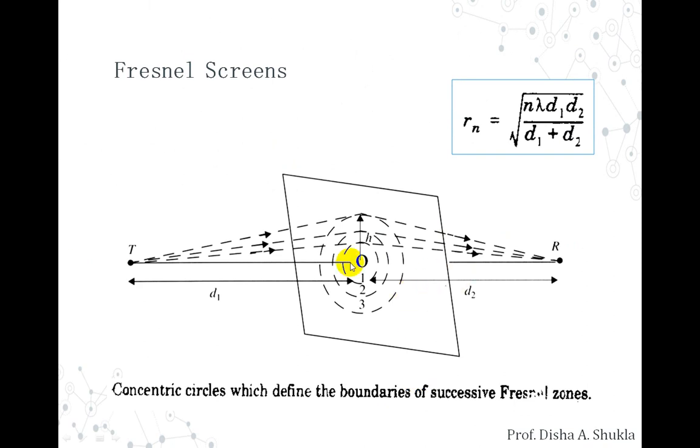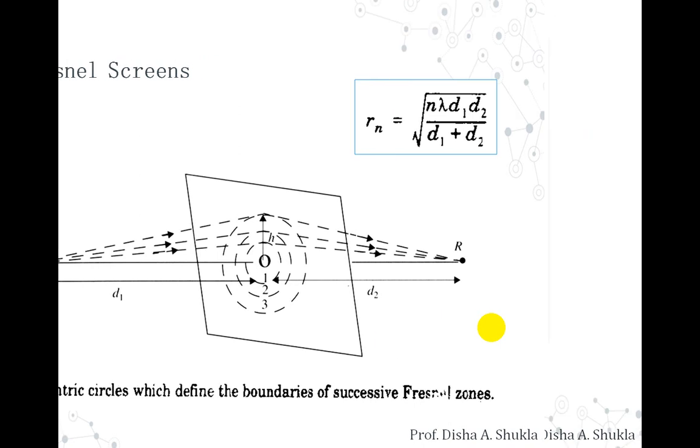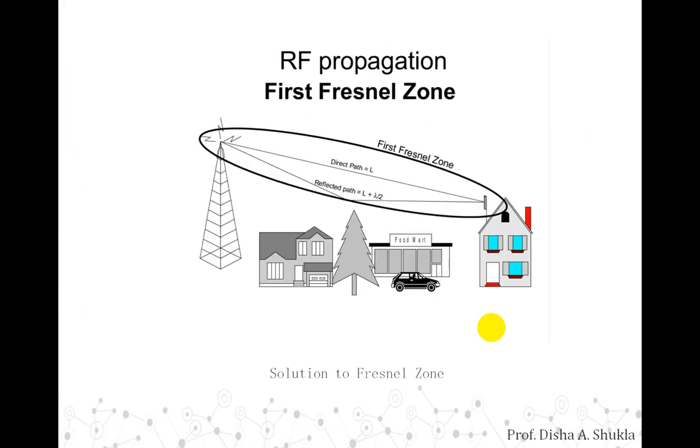Now, as I already said, there are different Fresnel zones, concentric ones, and they form these kinds of concentric boundaries between the two. So the radius can be calculated using the square root of n lambda d1 d2 upon d1 plus d2.